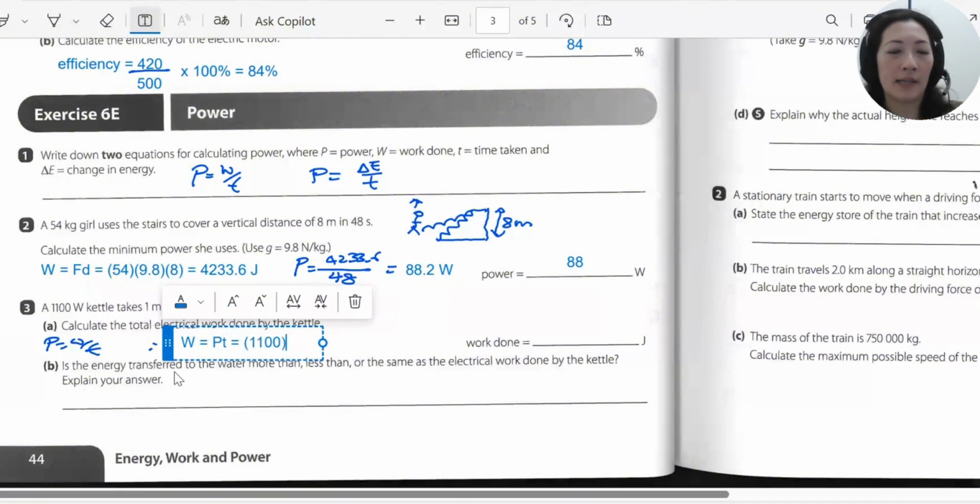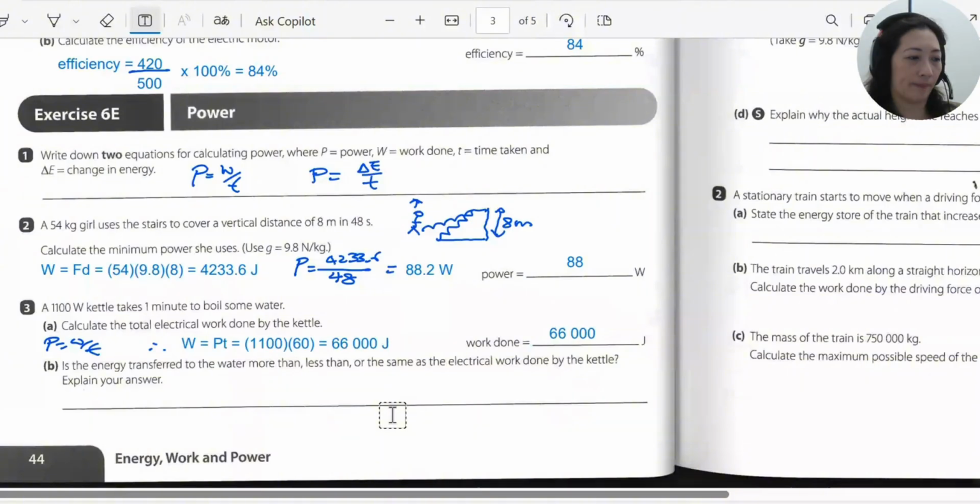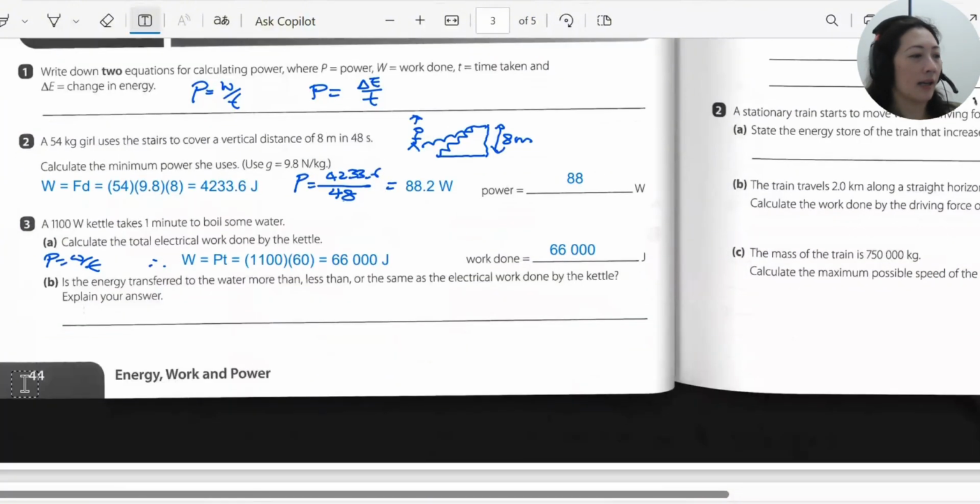Power is 1100, time is 1 minute, but remember that you cannot write the time in minutes, it has to be seconds. So that's why we multiply it with 60 seconds. That gives us 66,000 joules. So that's why we write here 66,000 joules.